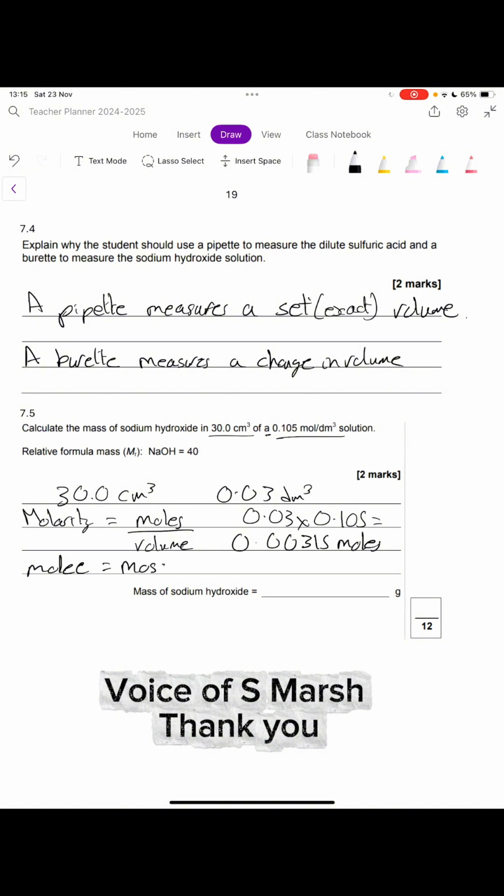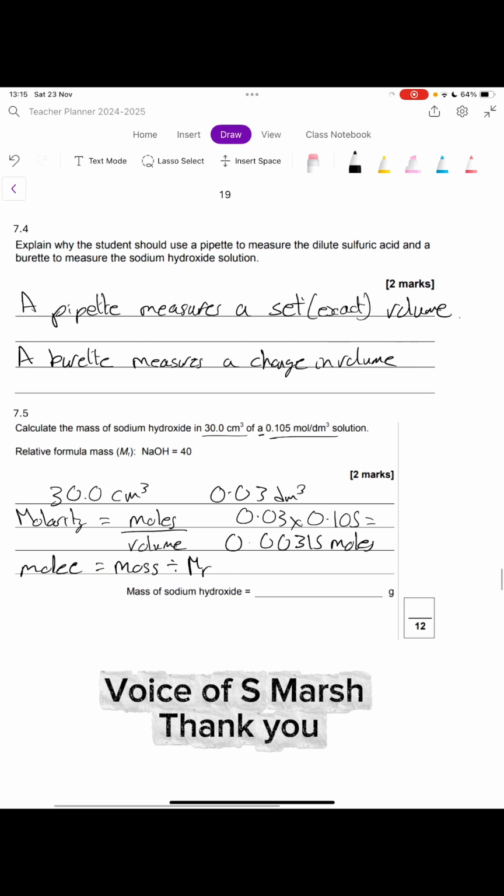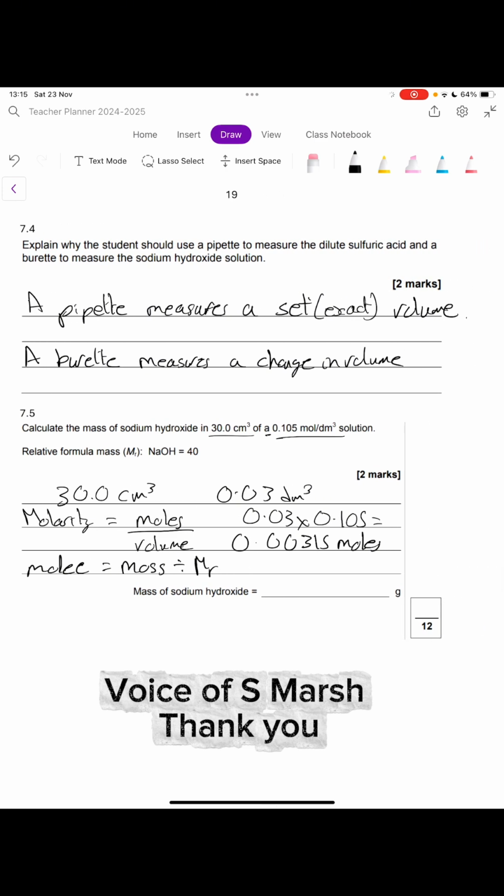And now we know the moles, we can use moles equals mass divided by Mr. We can rearrange that to say moles times Mr is going to give us mass.